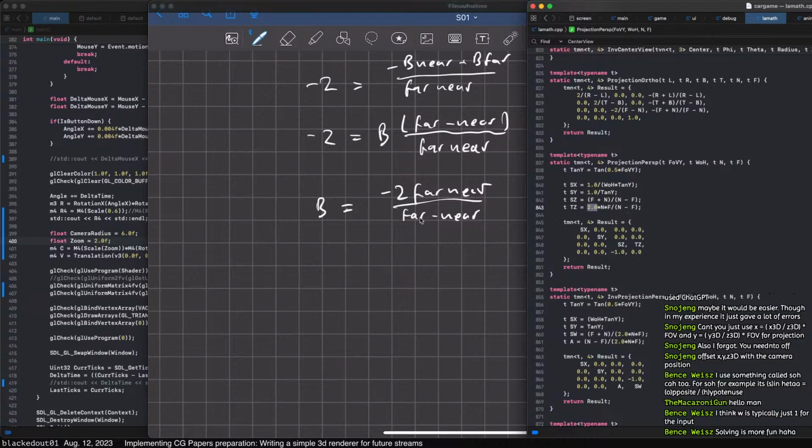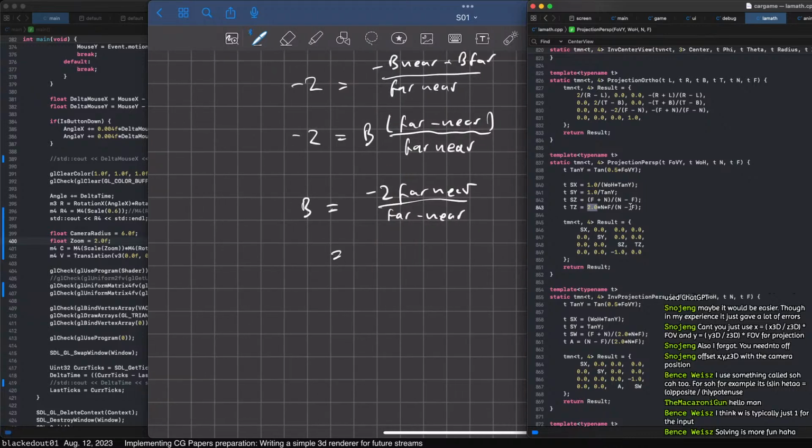And I have far minus near in the denominator. Okay, so I can swap these. Basically I can distribute the minus to the denominator, and then I just have far near, near minus far. And that's basically what's here. So that's the result of b.